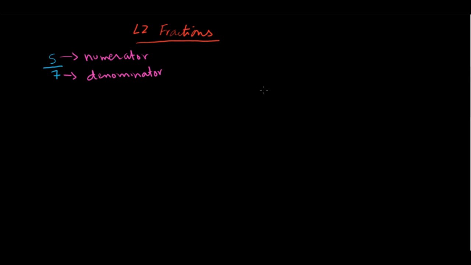Okay. So to think about fractions in practical terms, think of a pizza. Let's divide this pizza into some parts. So this one has 1, 2, 3, 4, 5, 6 slices.